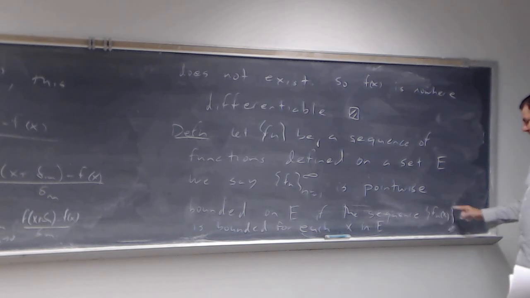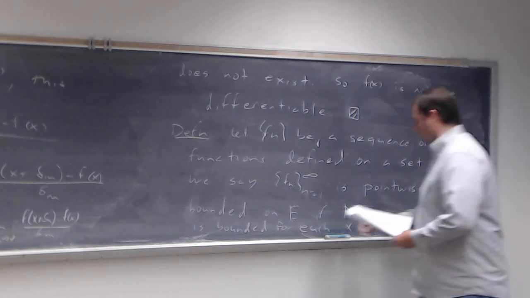It's like the absolute value of f sub n of x is less than or equal to some big M subscript x, because that M depends on x.